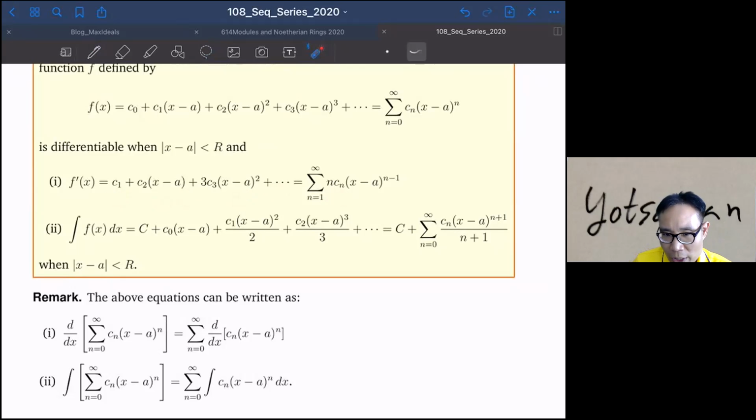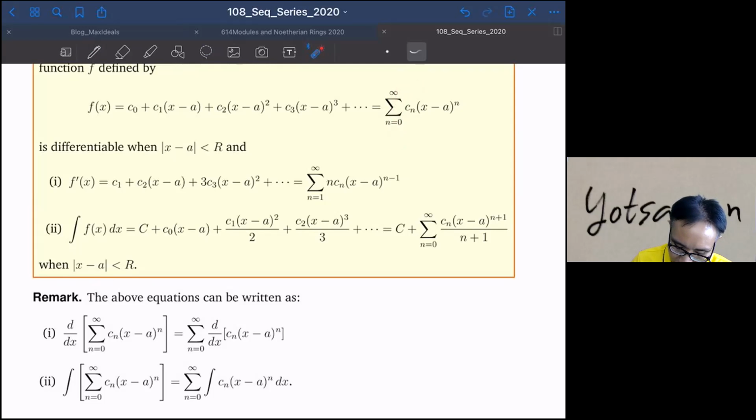How does this formula come about? When you differentiate this term, n comes down and you reduce the power by 1, so it's n c n x minus a to the n minus 1. So this one is just differentiating term by term. And for this one, you can integrate.